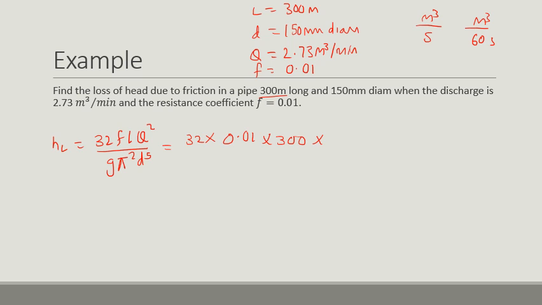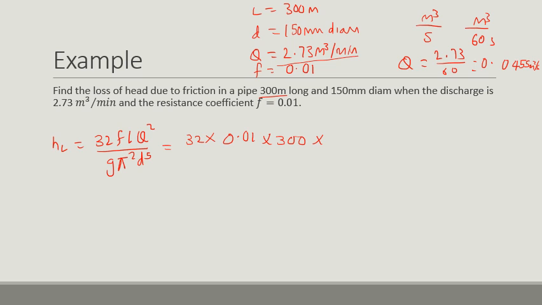So we divide this expression by 60. So Q will now be equal to 2.73 over 60, which will give us 0.0455 meter cube per second.